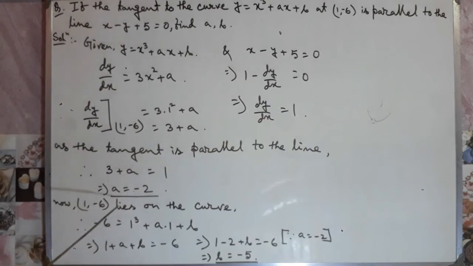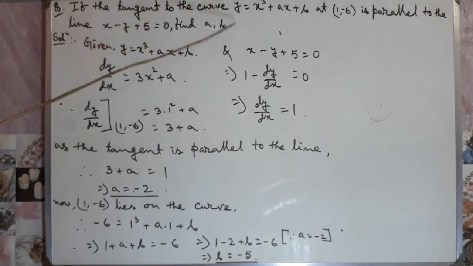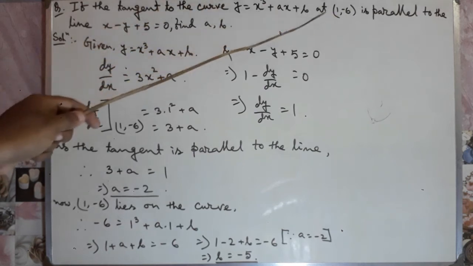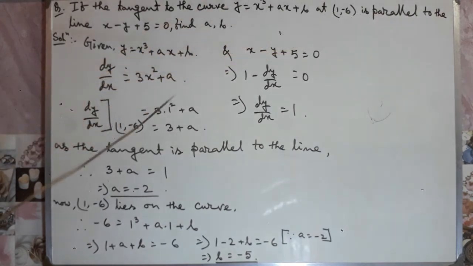From that we will get a = −2. And as the point (1, −6) lies on the curve, putting 1 for x and −6 for y, we will get the value of b, that is −5.